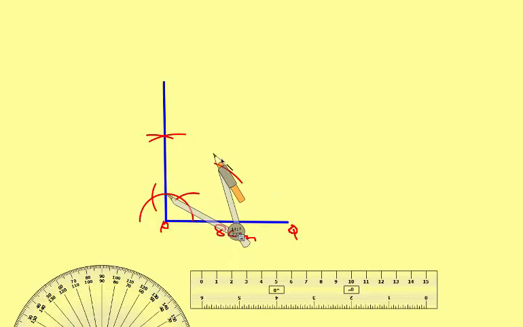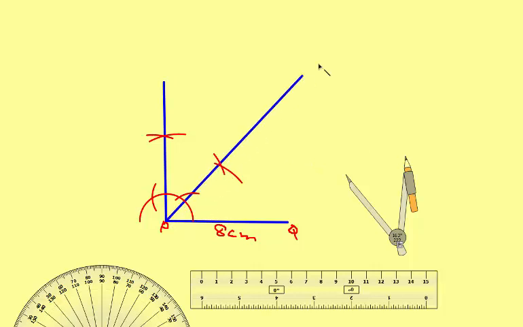Just be careful you don't change the radius or you may not get it accurate. Good. So this is our 45 degrees.